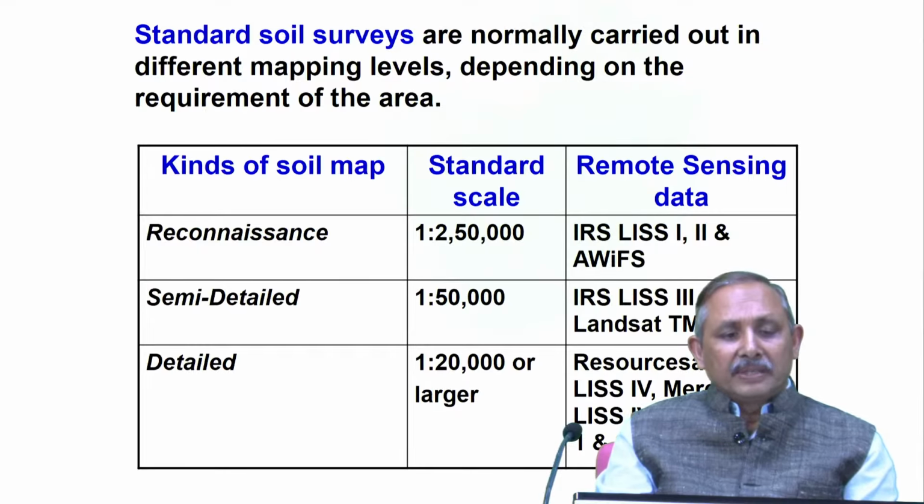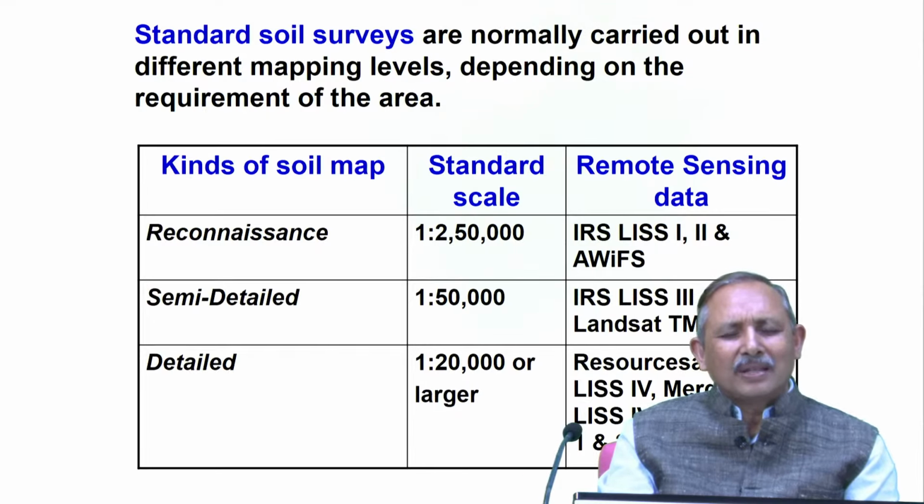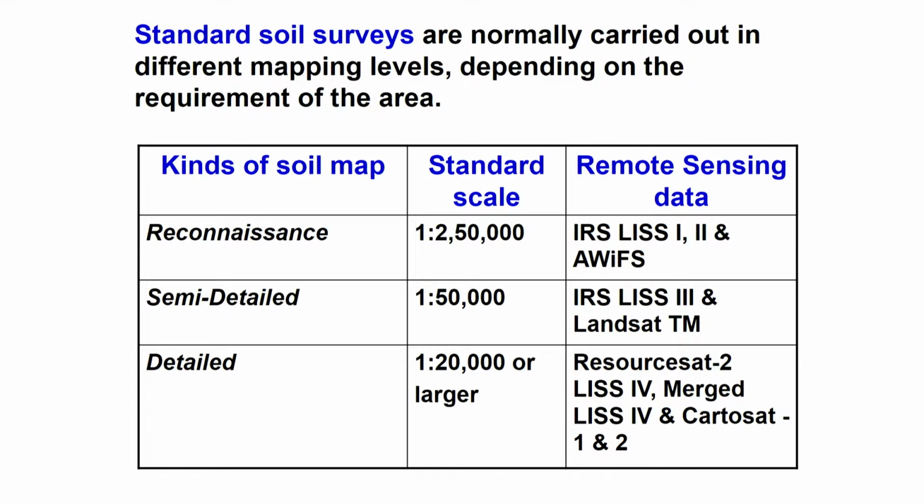We now see what kind of soil survey we carry out. There are standard soil survey scales, because if you want to prepare a map, first you have to find out what scale map you want to prepare, or what scale soil information you want to generate. One is the reconnaissance soil survey, which we call 1 is to 250,000 scale, where the remote sensing sensor resolution is coarser.